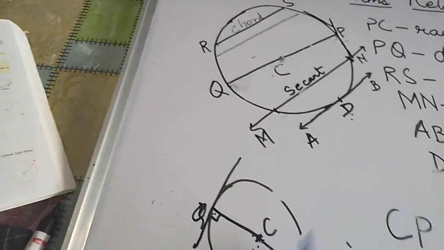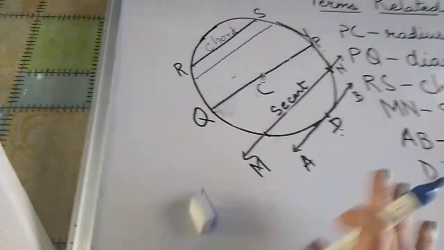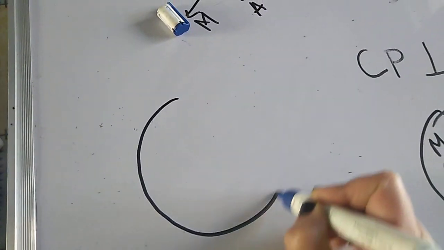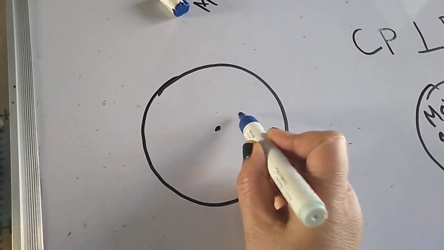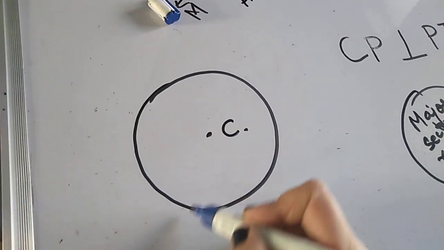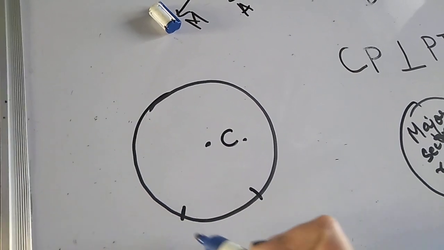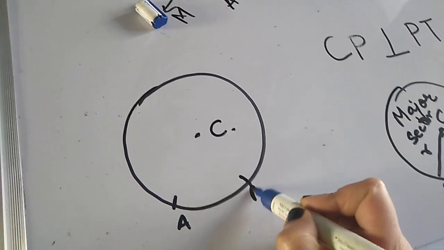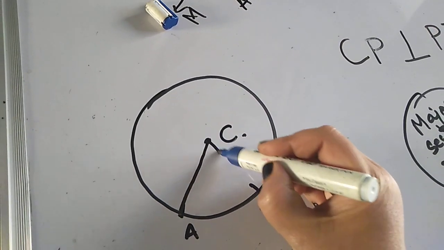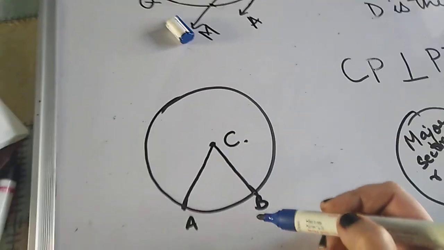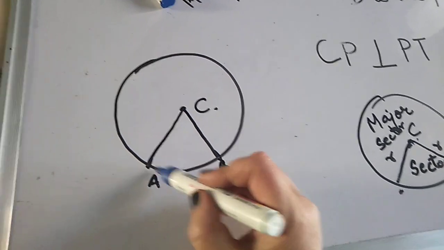Another important thing that you will be using is this. If I draw this circle, and this is the center of the circle, and I take this arc, suppose AB is an arc, AB will subtend some angle at the center, isn't it? This is called angle subtended.